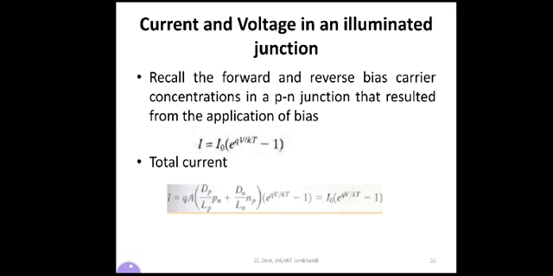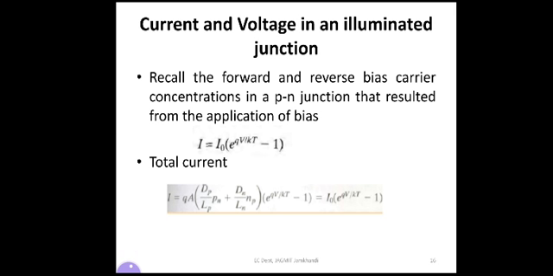So in the previous class we have discussed the forward and reverse bias junctions. So recall the forward and reverse bias carrier concentration in a PN junction that resulted from the application of the bias. Forward bias increases the probability of diffusion across the junction exponentially.